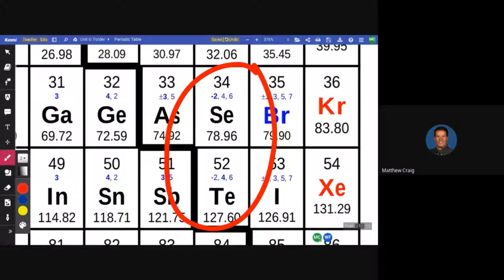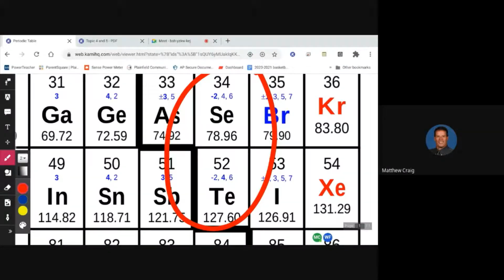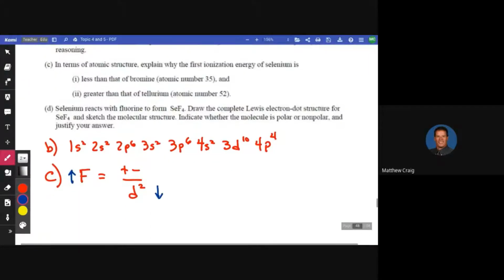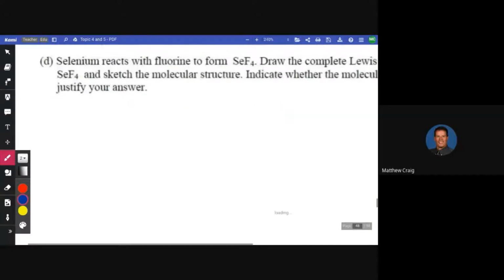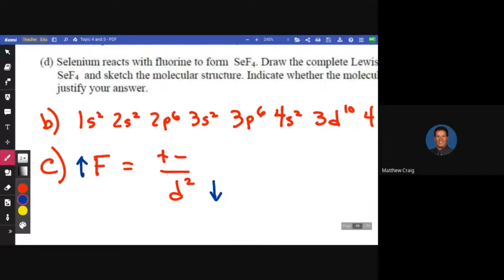Tellurium has more core electrons than selenium, so it has another orbital filled, therefore increasing the radius. Tellurium is in a higher energy level, which means it has more orbitals with electrons occupying them. Selenium has a smaller radius, therefore the force of attraction is greater, therefore the ionization energy should be greater.